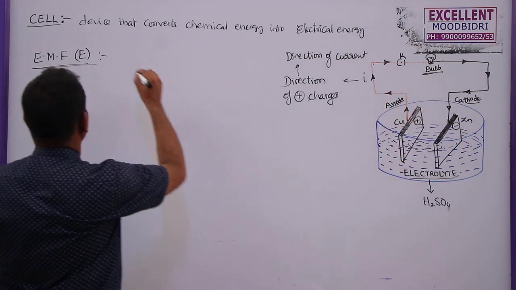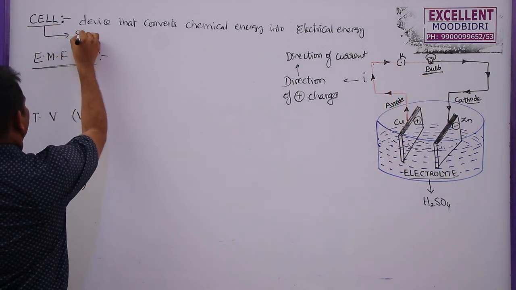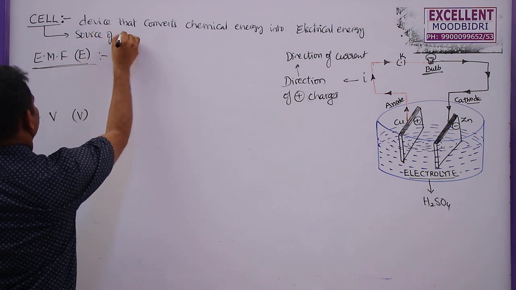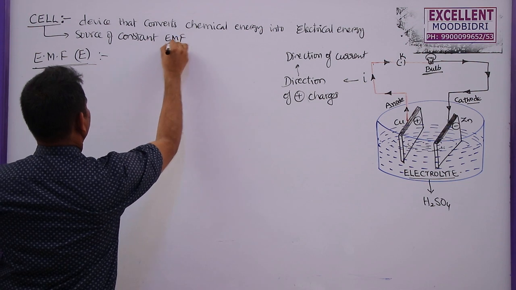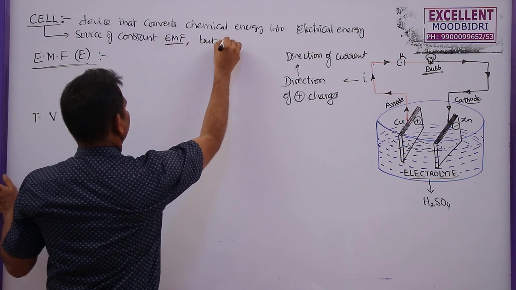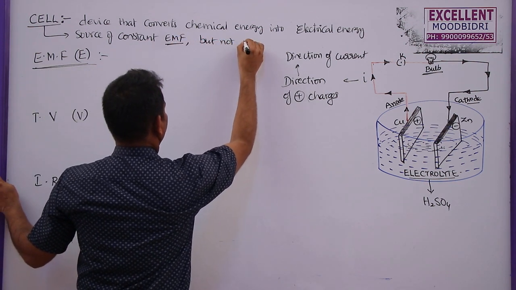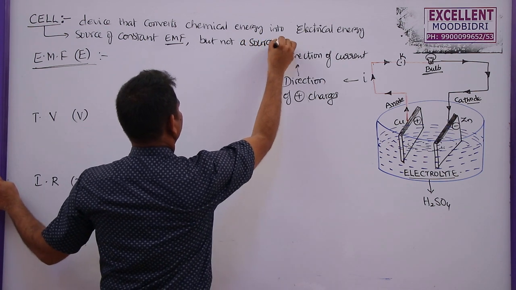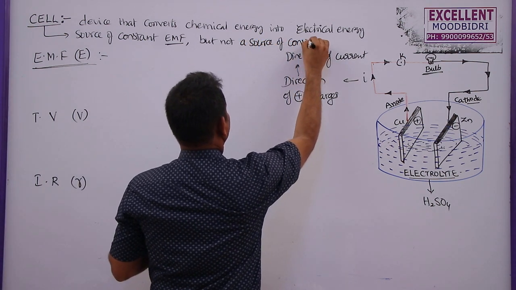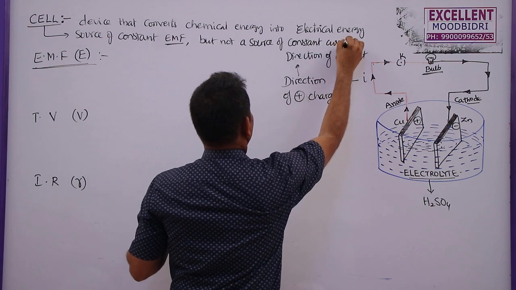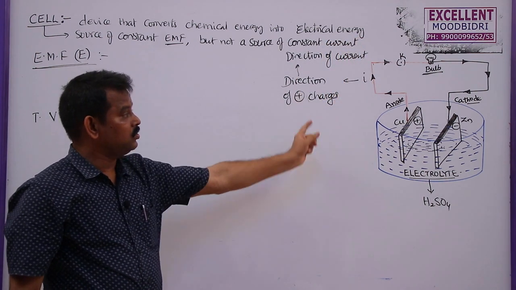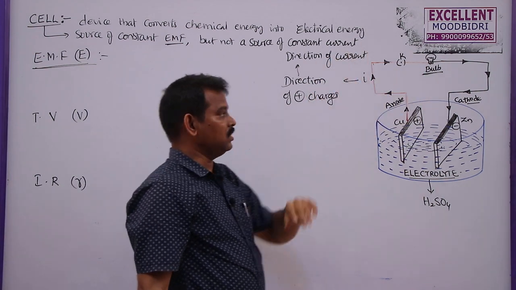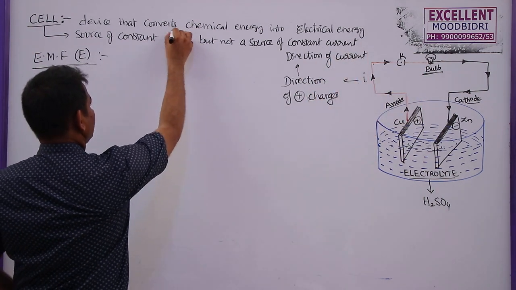So that's why we need to write here, a cell is a source of constant EMF but not a source of constant current. The current coming from a cell does not depend only upon its structure, it also depends upon the external resistance. That's why EMF is related to the cell.